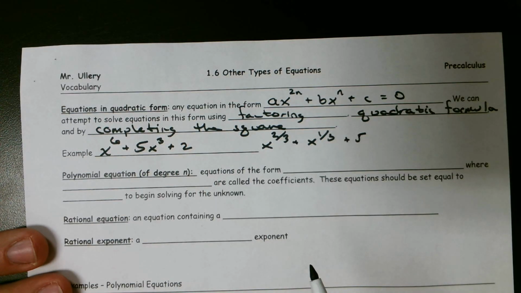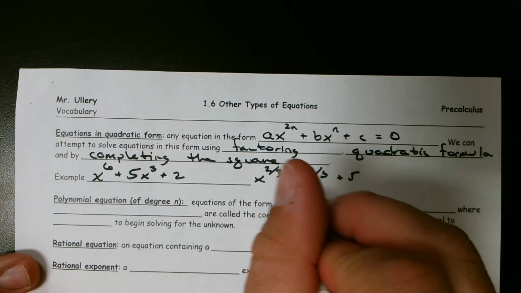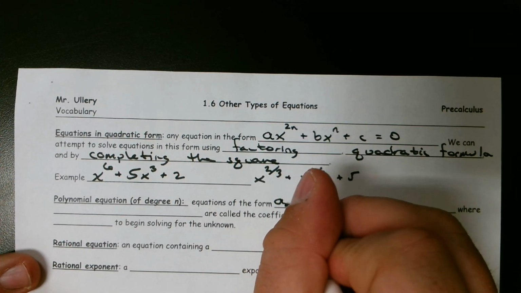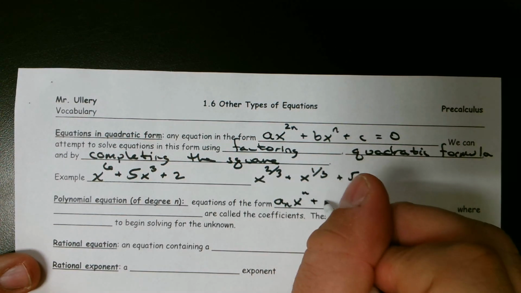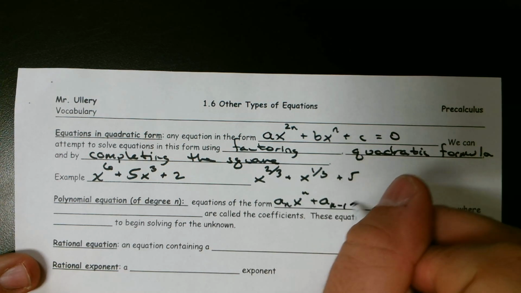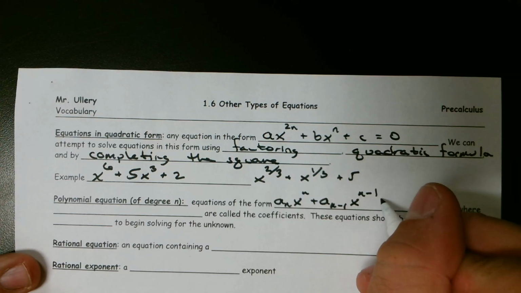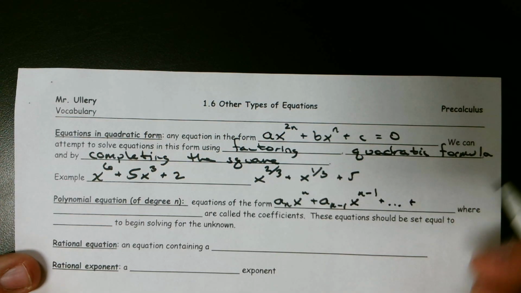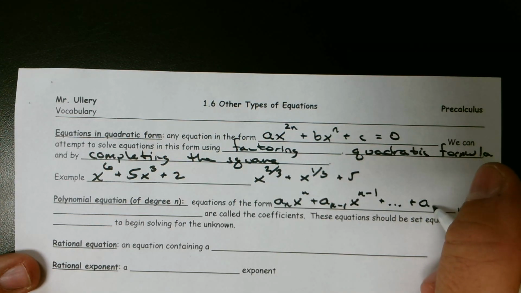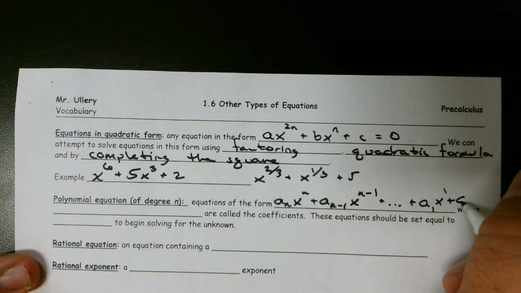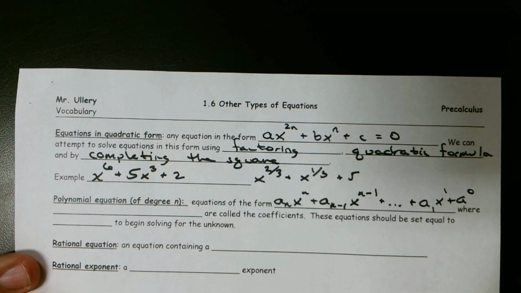Okay, so polynomial equations of degree n. A polynomial is any equation of the form a sub n x to the n plus another constant and x to the power below it, and so on and so forth, on down to x to the first power plus maybe a constant, okay, is equal to 0.